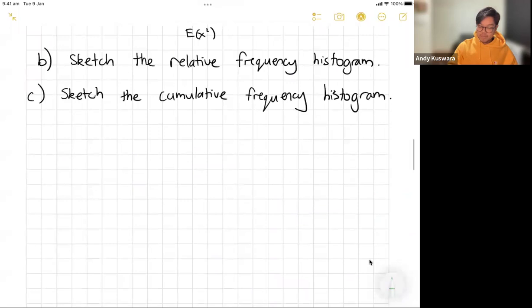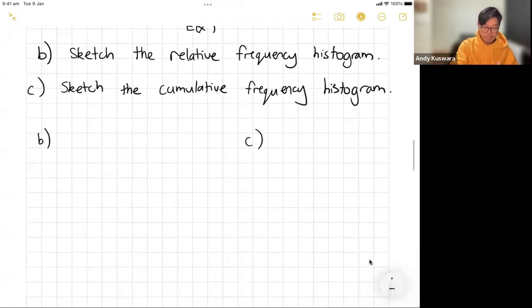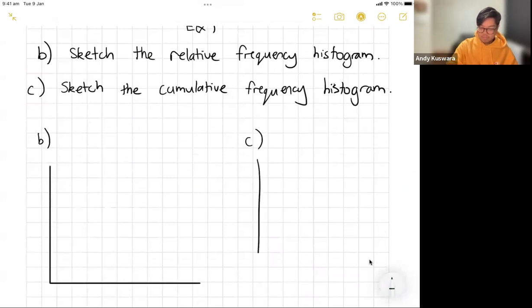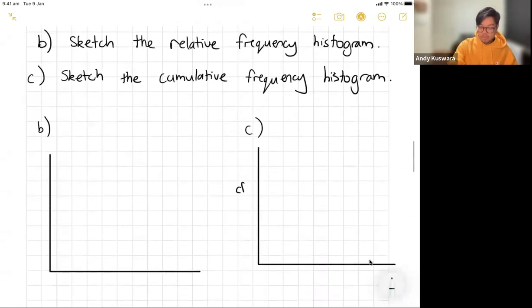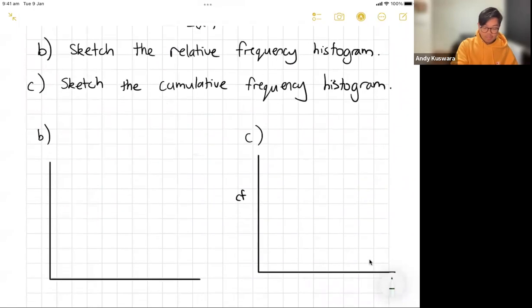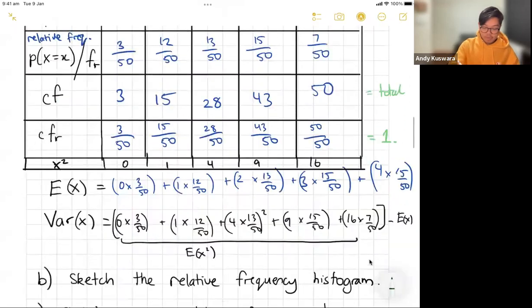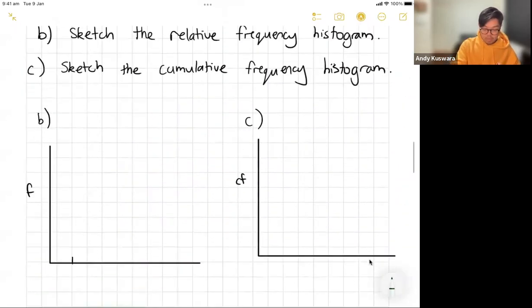Now to sketch the relative frequency histogram, I'll do B over here and C over here. I'm not going to do them perfect, but let's just do something like this. If it's just frequency, we've got 0, 1, 2, 3, 4. And here we'll go 0, 1, 2, 3, 4.